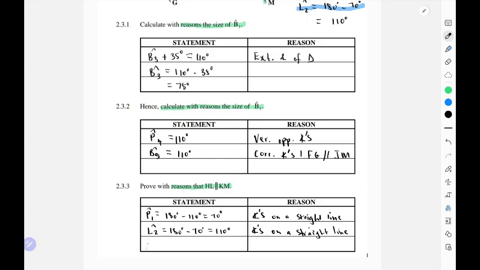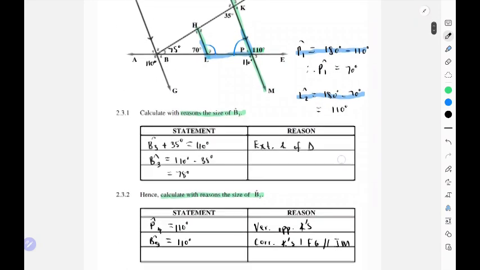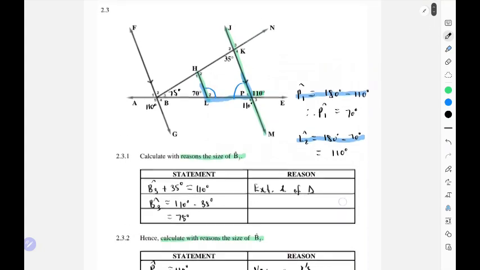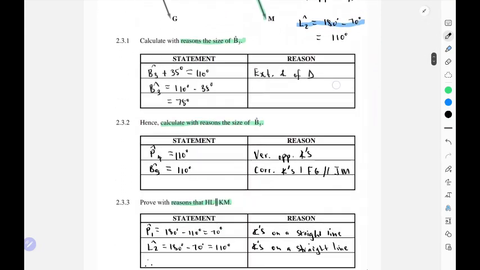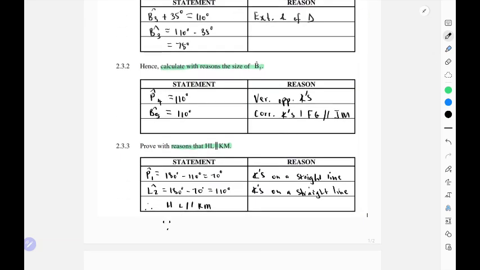So therefore we can now say HL is parallel to JM, or HL is parallel to KM, because P1 plus L2 is equal to 180 degrees, and the reason is co-interior angles.